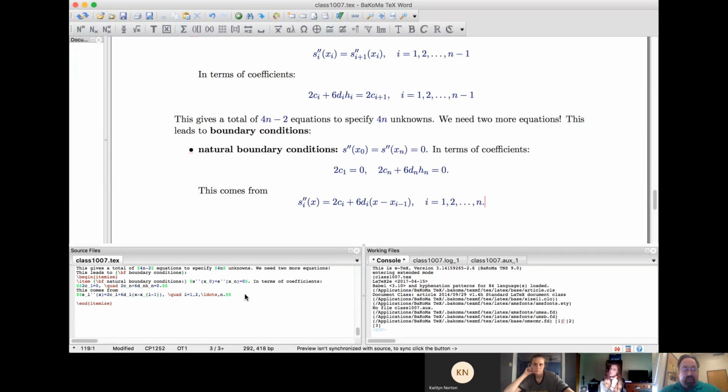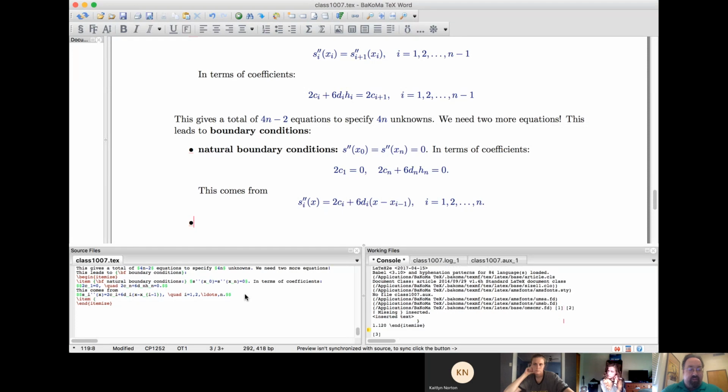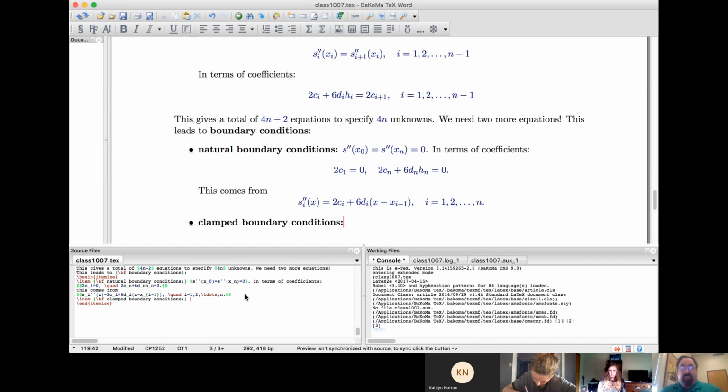The other kind of boundary condition is clamped boundary conditions. This is for a special case where there actually is first derivative information about the data available.